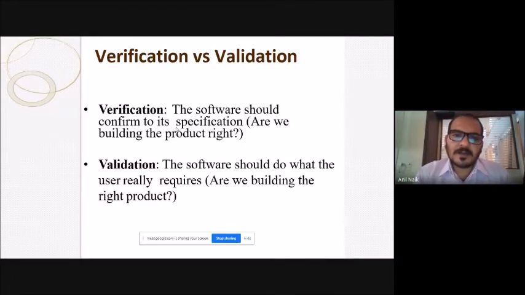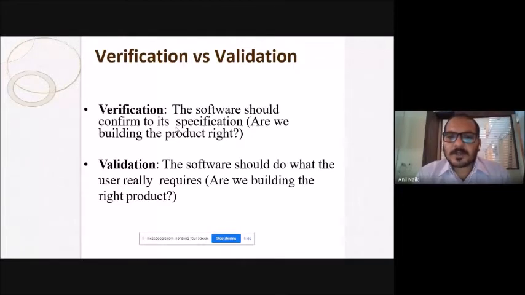Are we building the product right? Specification means the features of the software. The software should conform to its specifications. Are we building the product right? Verification means the software should conform to its specifications, that is, the features of the software.